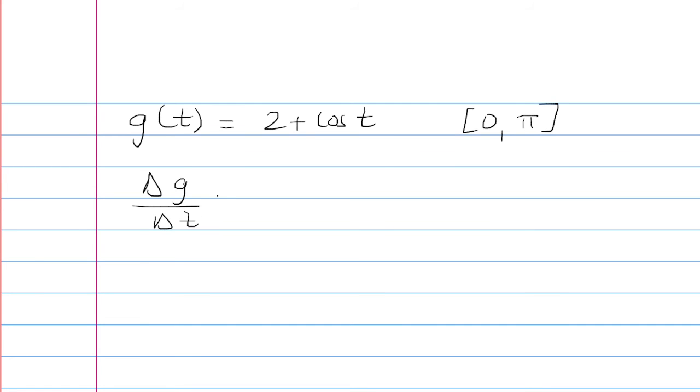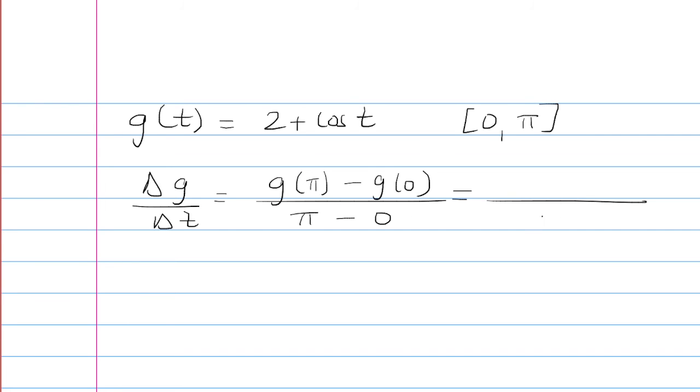Next one, we have g of t, which is 2 plus cosine of t. The interval is from 0 to pi. So we're looking at delta g over delta t. So evaluate at pi and 0, and then divide that by pi minus 0.